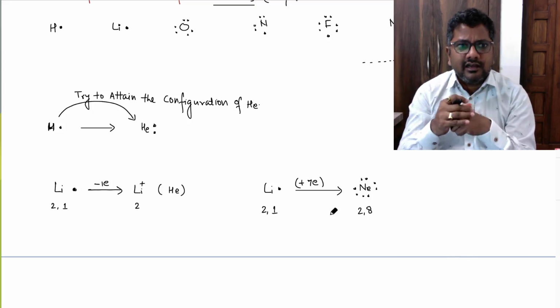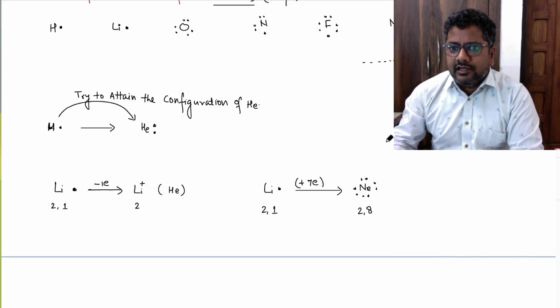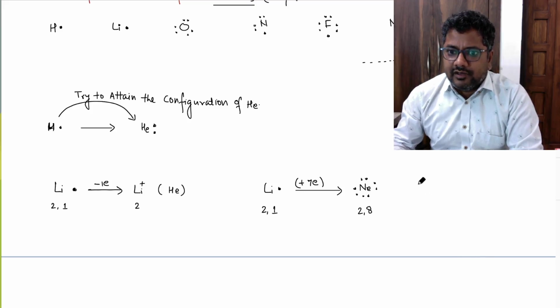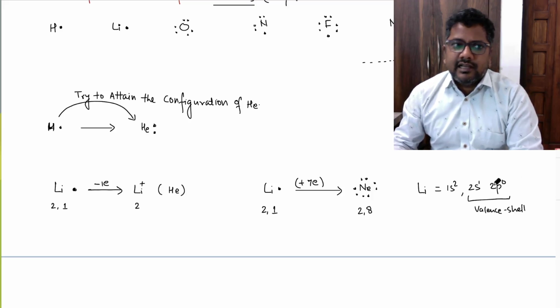Because orbitals are there. What is the problem? See, if you do the electronic configuration of lithium, which all of you have already been taught, it is 1s2 2s1 and 2p0. This is the valence shell electronic configuration. Here only one electron is there, so in total it can accommodate 8 electrons.